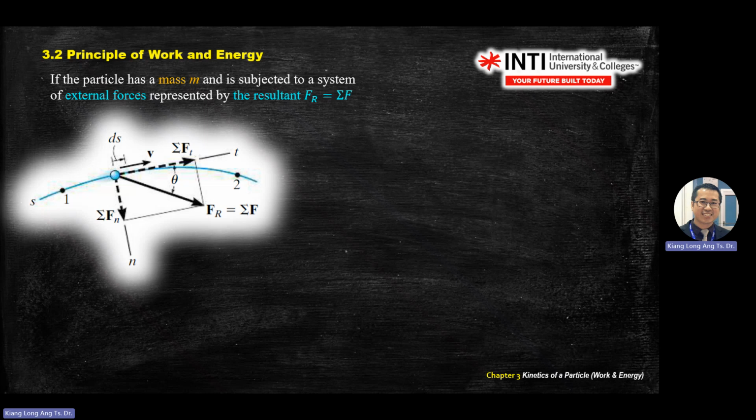From here, you know that normal doesn't do work. The normal does not do work because it's 90 degrees to the distance. The only one that does work is the tangent direction and the distance traveled along the curve. Okay, so this is just for your free body diagram work. This one, you will see you still need to write the Fn, but Fn does not do work.